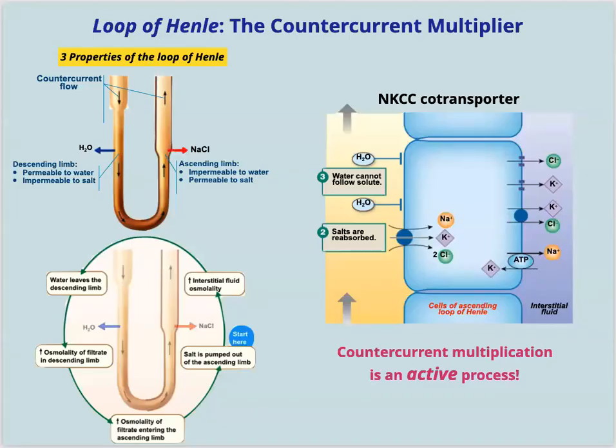Because this is a difficult concept initially for students to understand, I'm going to explain this again. As water and solutes are reabsorbed, the loop first will concentrate the filtrate and then later dilute it.